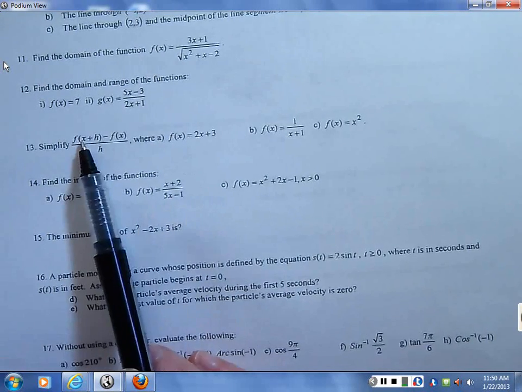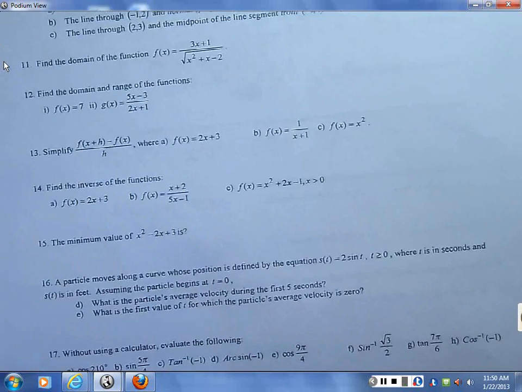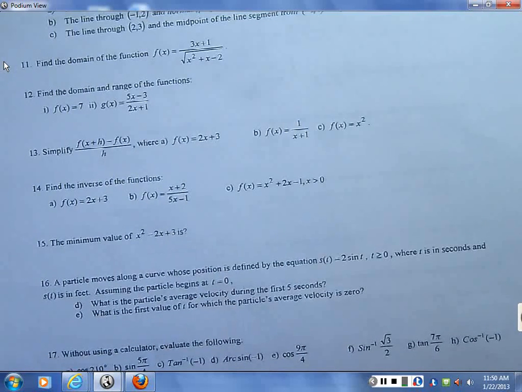Basically, if I add h to x, let's say I have some function and I want to find the slope between 2 points, I take rise over run, right? So if this point is x, and this is x plus h, I can take the limit as h goes to 0 to find the slope at that exact point, which is the definition of the derivative, which we won't get to until chapter 2.